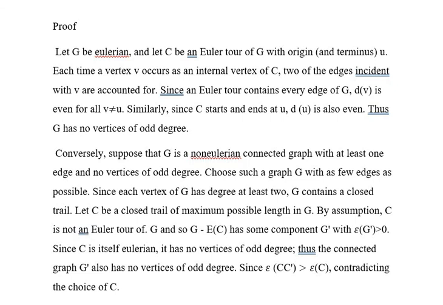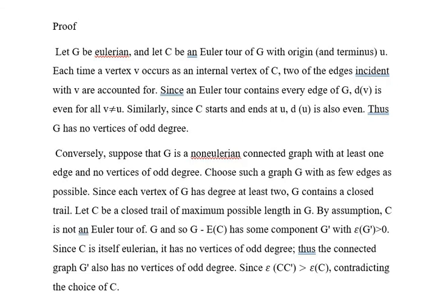Conversely, suppose that G is a non-Eulerian connected graph with at least one edge and no vertices of odd degree. Choose such a graph G with as few edges as possible. Since each vertex of G has degree at least 2, G contains a closed trail. Let C be a closed trail of maximum possible length in G. By assumption, C is not an Euler tour of G, and so G minus E of C has some component G' with E of G' greater than 0.